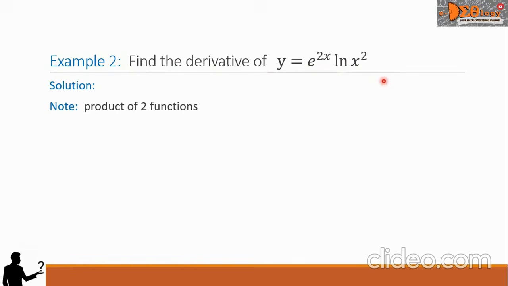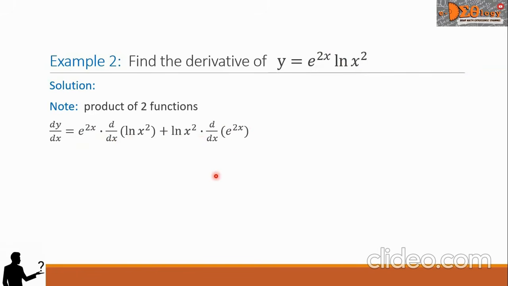We will use the product formula here. So our dy over dx, or the derivative, is equal to e raised to 2x times the derivative of the second function, plus we copy the second function times the derivative of the first function.